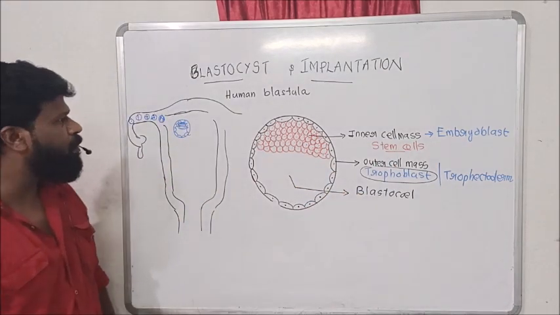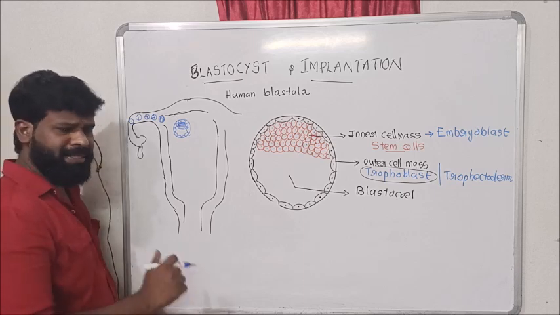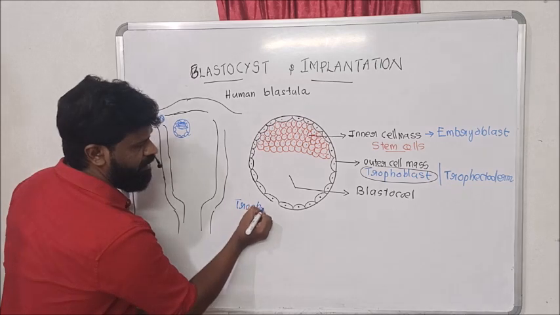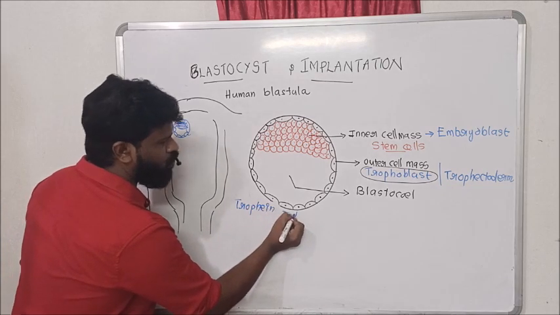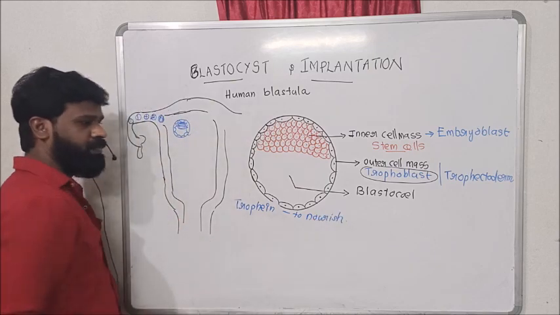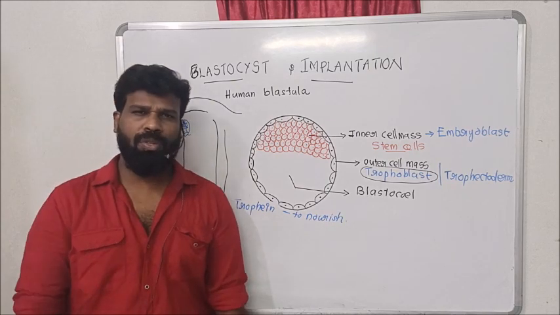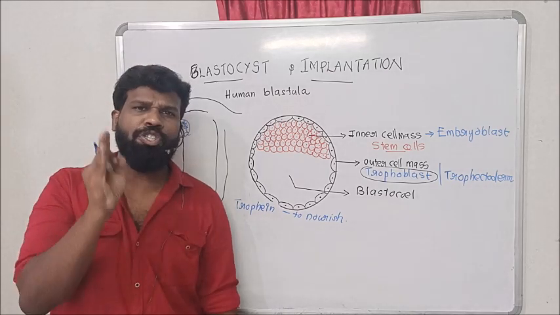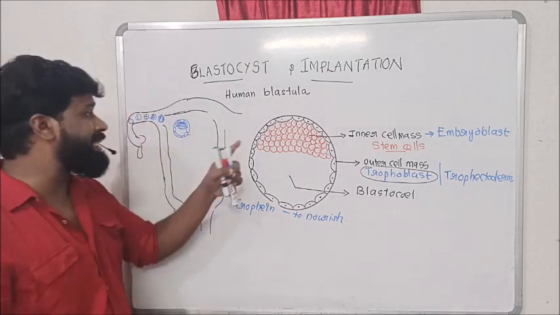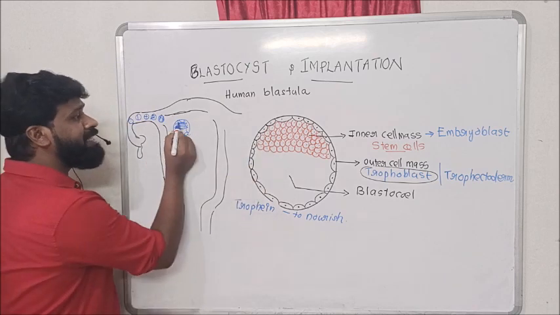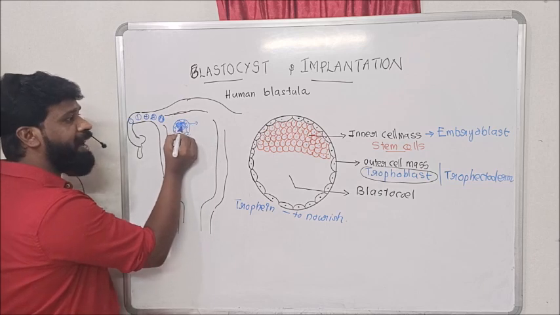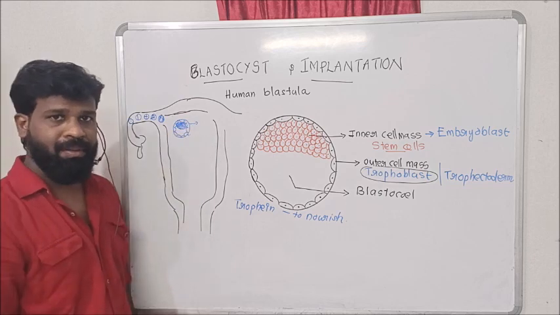Here, trophoblast comes from the word trophin, which means to nourish. So the most important function of the trophoblast is drawing food for the embryo.